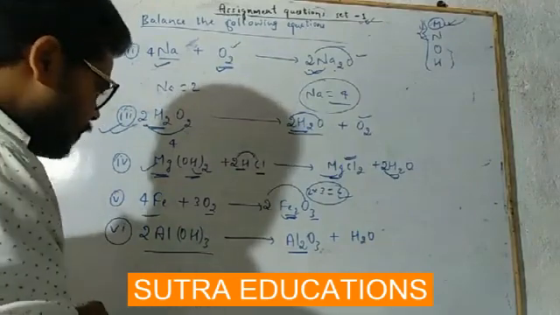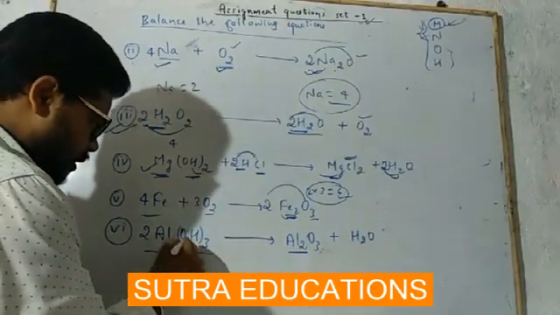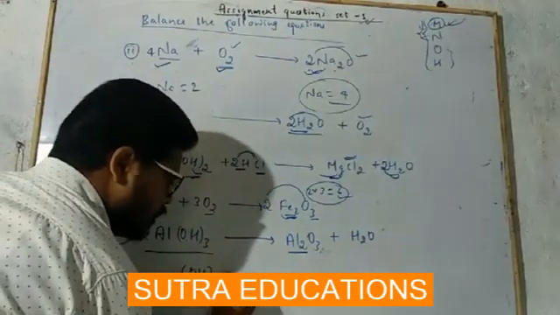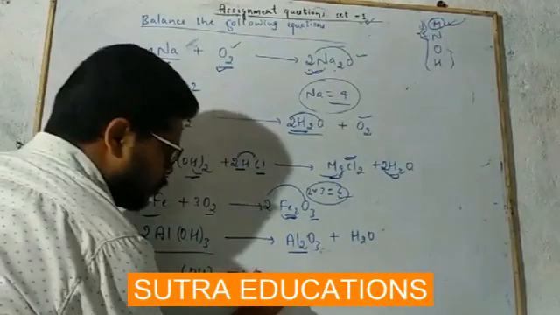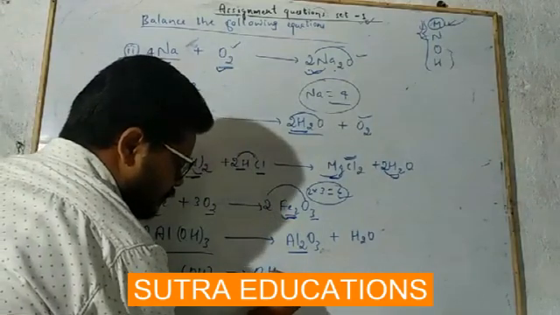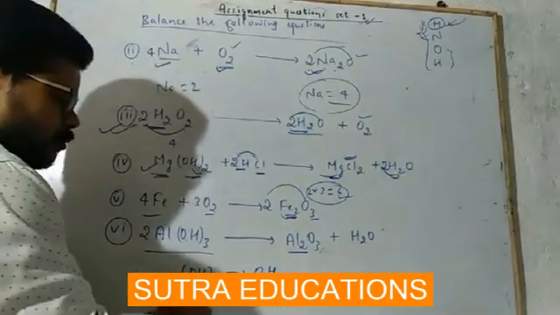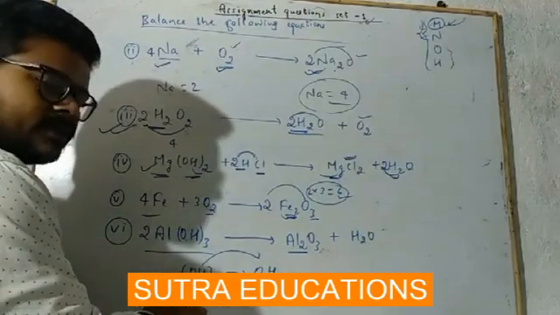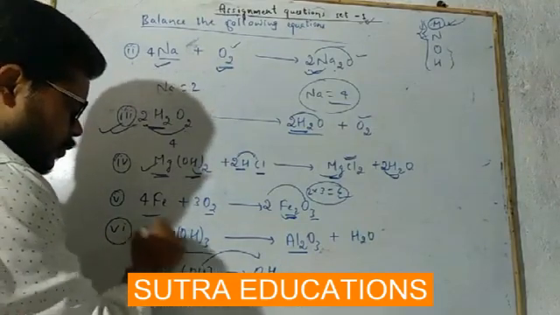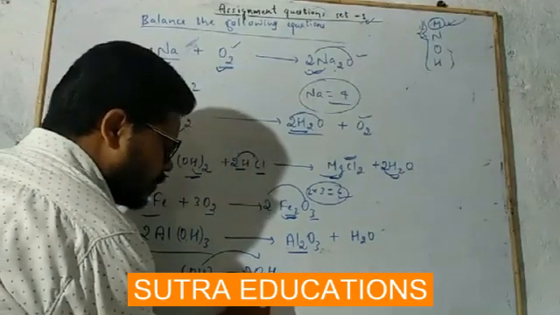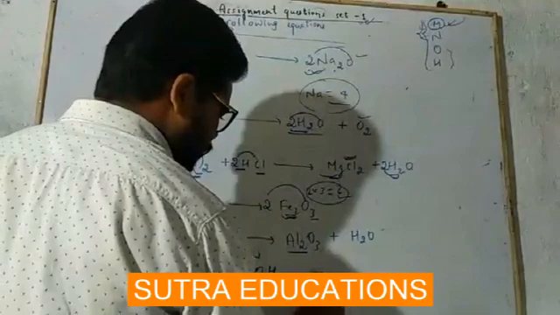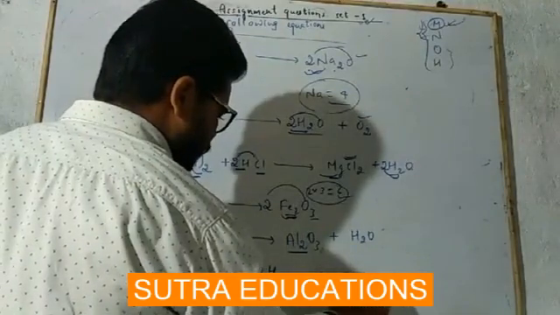Come to oxygen. Oxygen here is 3 into 2, 6. It is OH whole 3 now. OH whole 3 means what? O3H3. Got it? It is O3H3, and it is multiplied by 2. So it means 6 oxygen and 6 hydrogen.